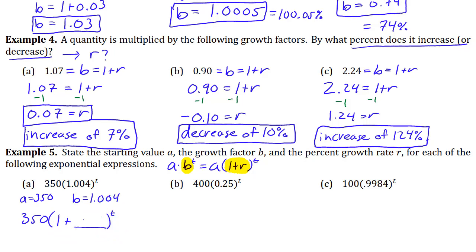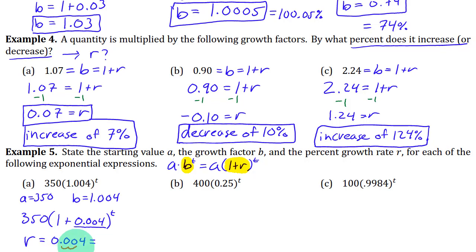So in this case, this would be 0.004. And that's going to be the r. And if you want to write that as a percentage, you're just going to move the decimal back the other way. It's 0.4%. So that's the answer to that.